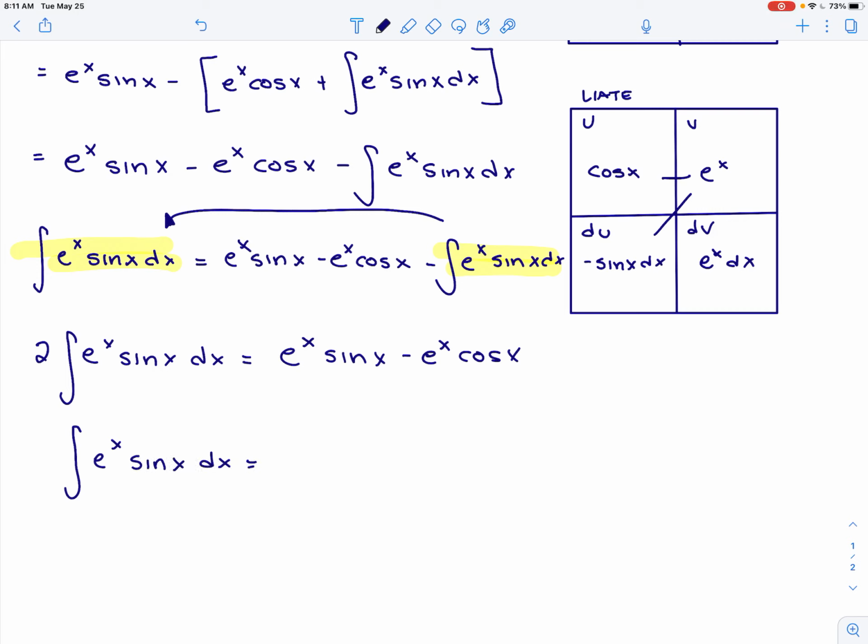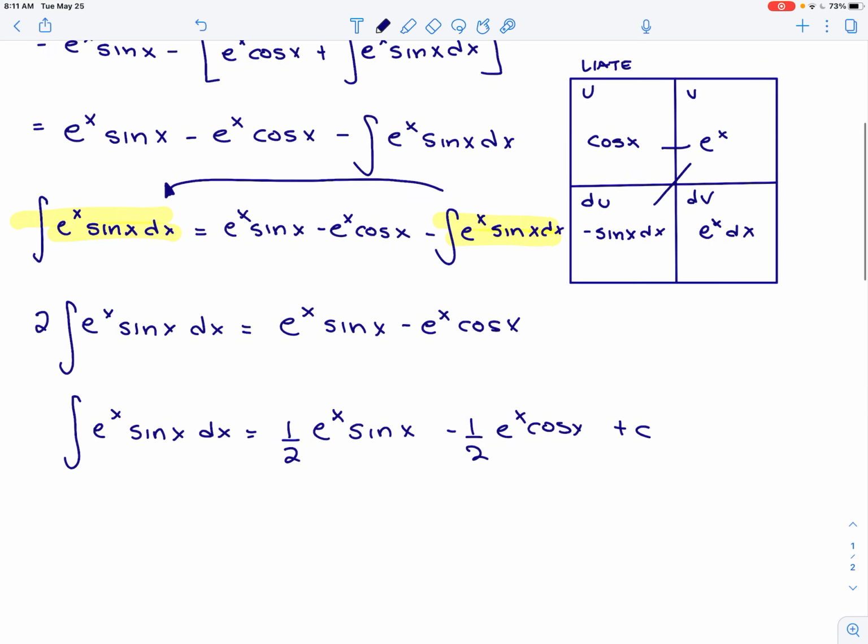So if you can get back to what you started with, and then I'm just going to put plus c at the end. So two of these equal this, so one of them will equal a half of this, if that makes sense.